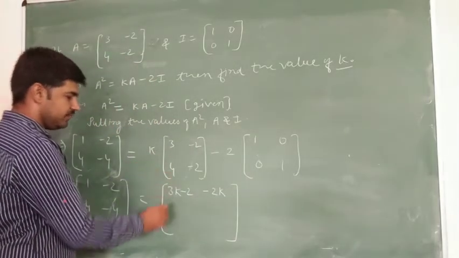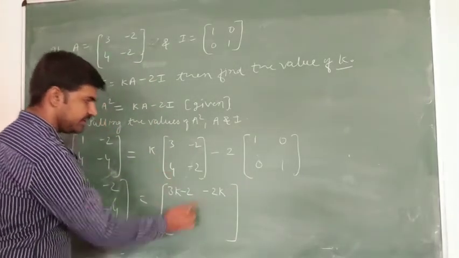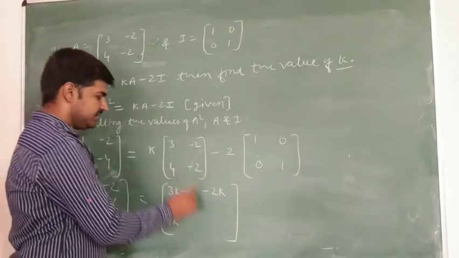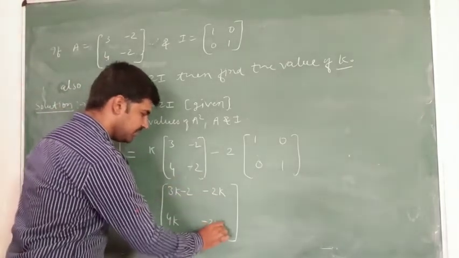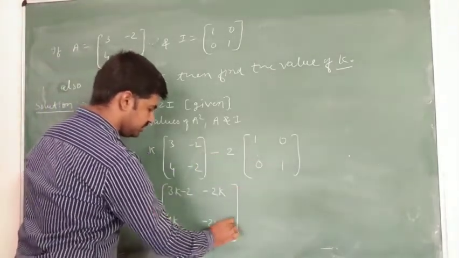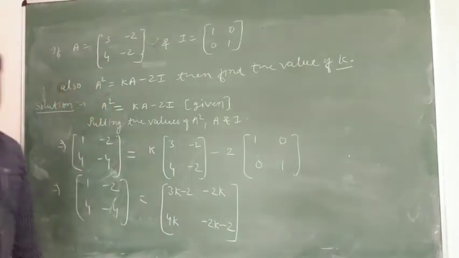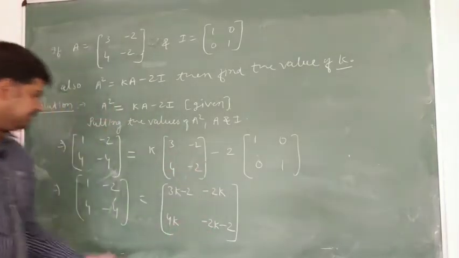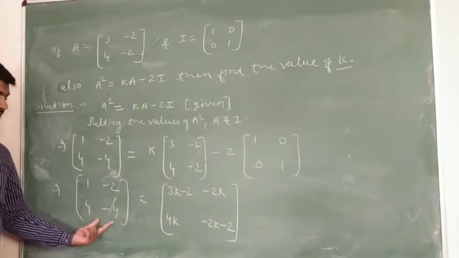Now 4k, and minus 0, it will remain 4k only. And the next one is minus 2k, and on that side it is minus 2. So we have got the simplest form of RHS as this particular matrix, and the simplest form of LHS as this particular matrix.